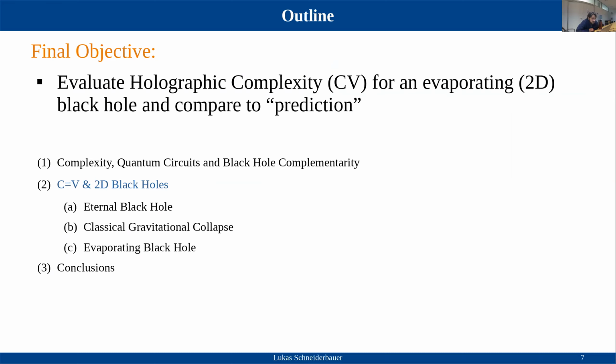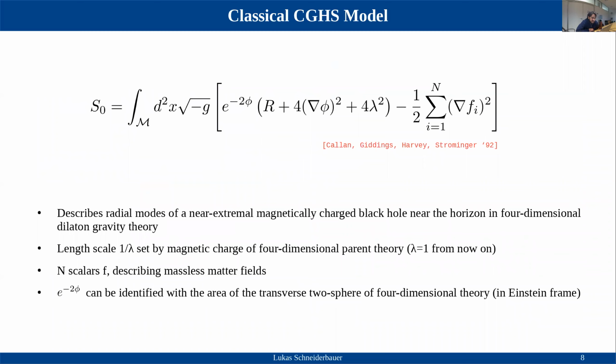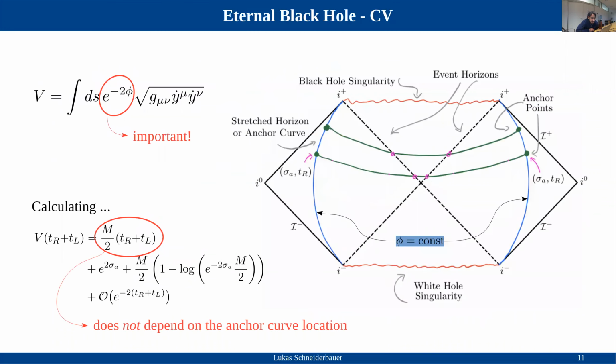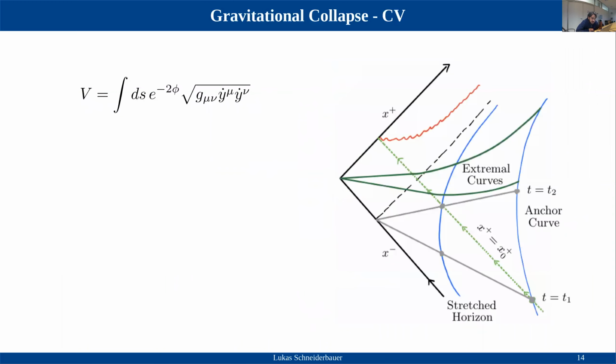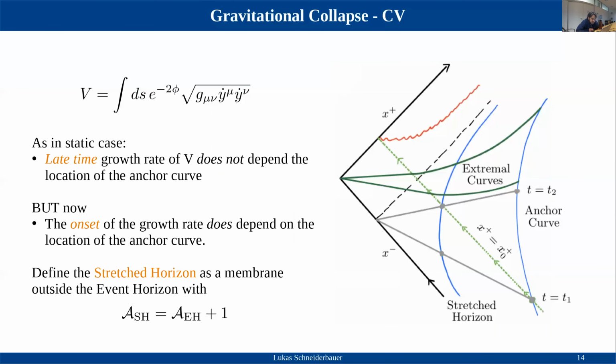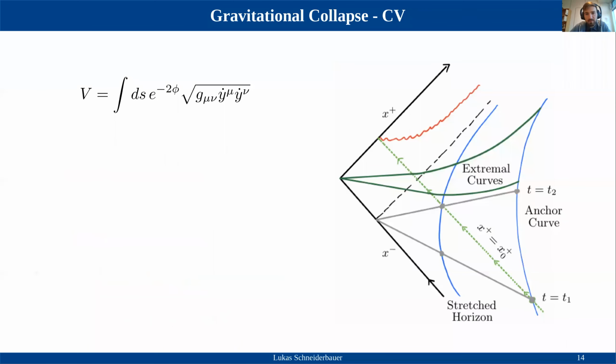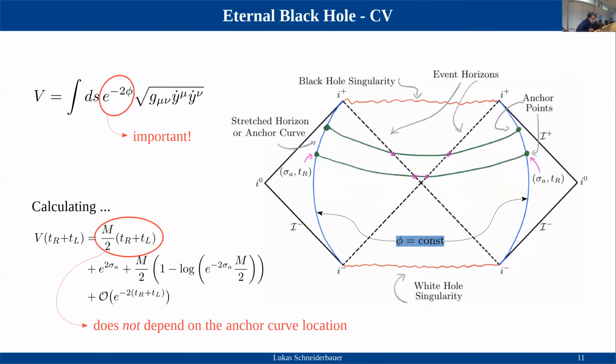I have another quick question regarding precisely the stretched horizon and matching with the anchor curve. If you go back to the classical static case, yes, this one. In that case, the stretched horizon matches the anchor curve, and it seems like they are both given by the condition phi equals constant, so the dilaton field should be constant.